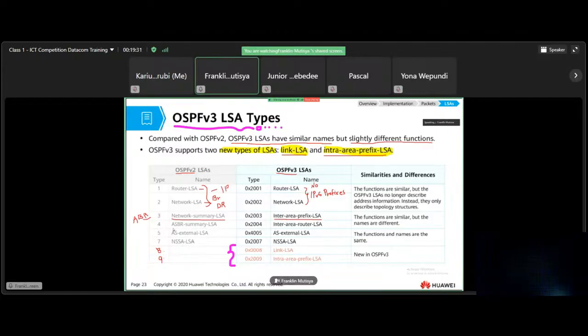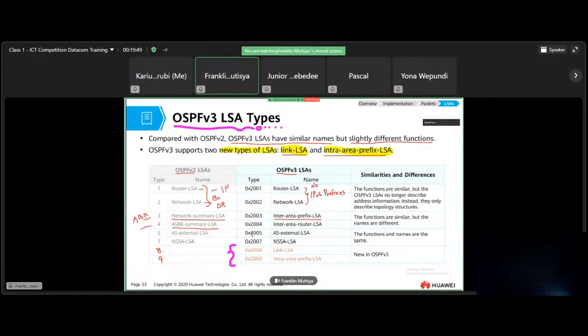Now we have type 4 LSA, which we refer to as the ASBR summary LSA, which is generated by ABRs. ABRs are also the ones that generate type 4.